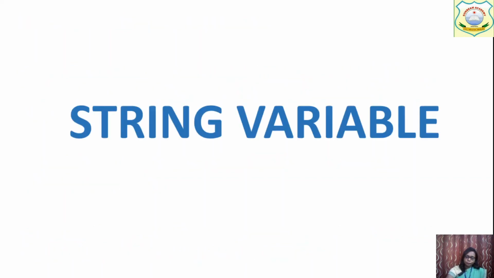Now, as we have two types of data type, string and numeric, we have two types of variable. One is a string variable, another is a numeric variable. Okay.